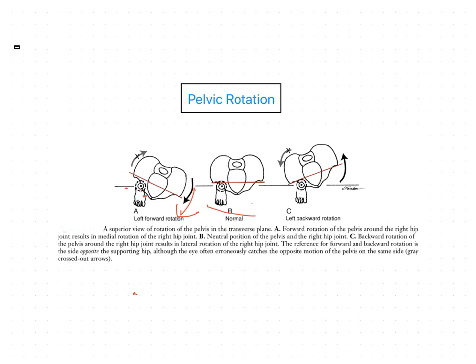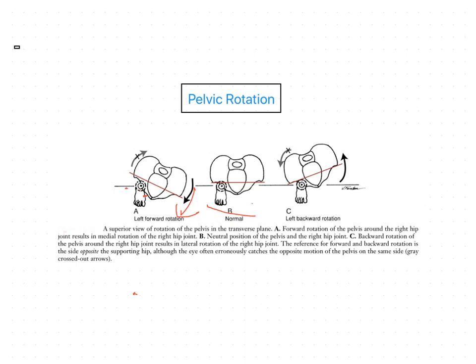As in the lateral pelvic tilt, the reference for the pelvis is always the side farthest from the supporting limb. If the side of limb support is known, then we can easily find which side of the pelvis is rotating forward or backward.